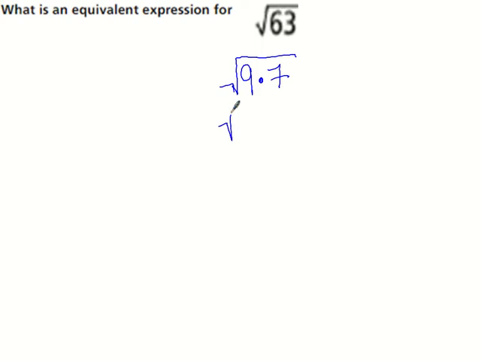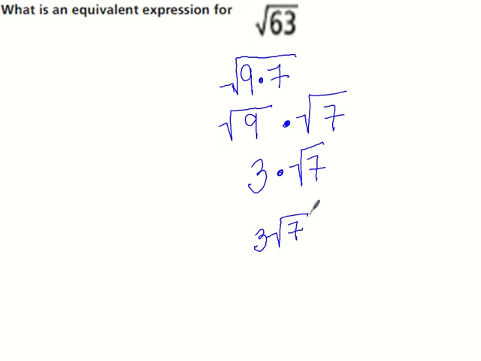Now I'm going to use that product property. I'm going to take the square root of 9 and separate it from the square root of 7. And the reason I'm doing this is because the square root of 9 is perfectly 3, and we go times the square root of 7. The square root of 7 cannot be square rooted. It is not perfect. And so we would just say 3 square roots of 7.